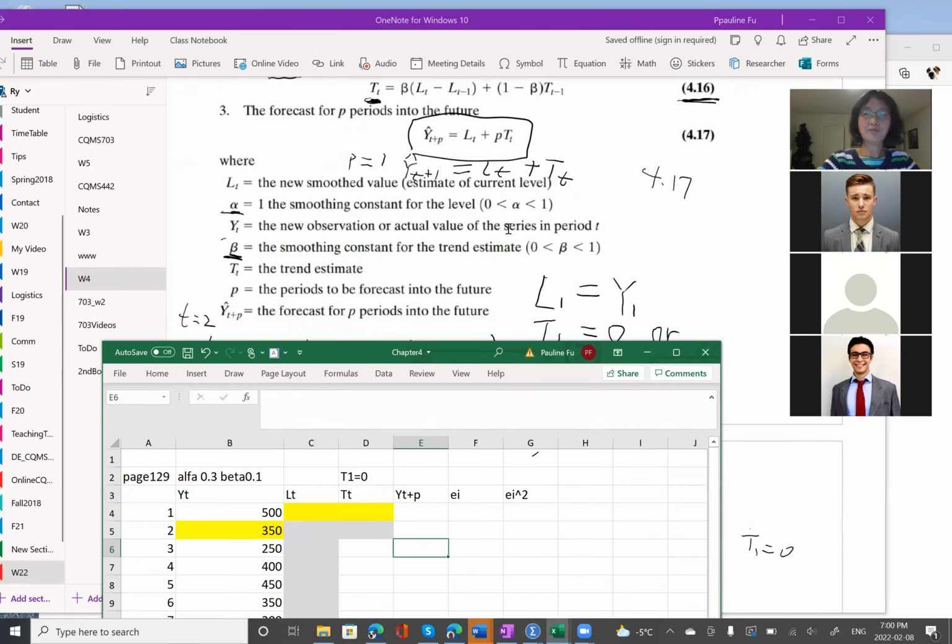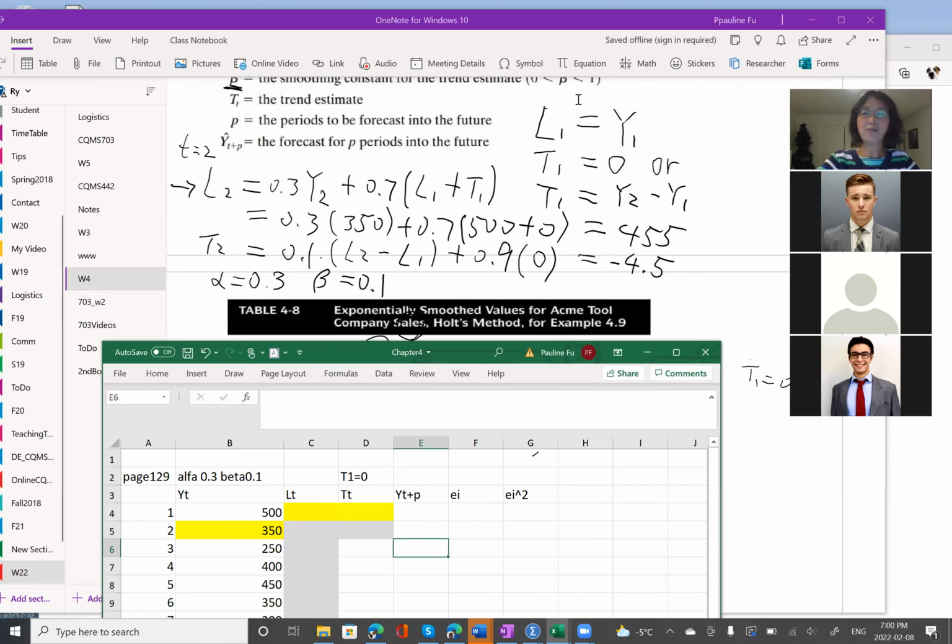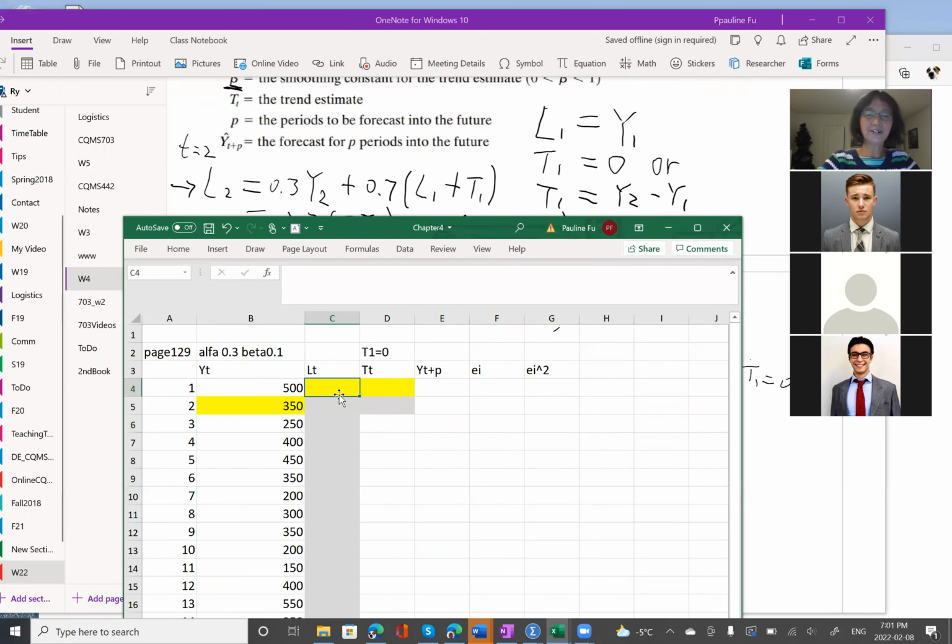The formula says L1 equals Y1. I just did that. And T1 equals 0. See here, T1 equals 0.